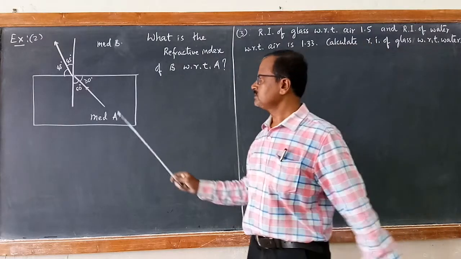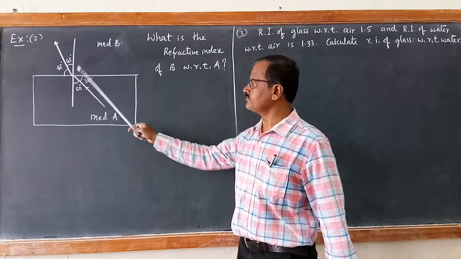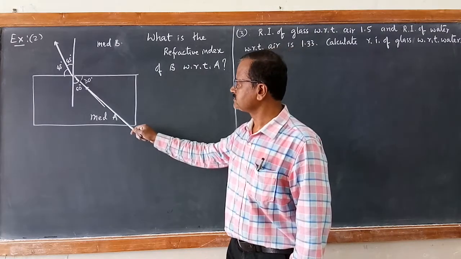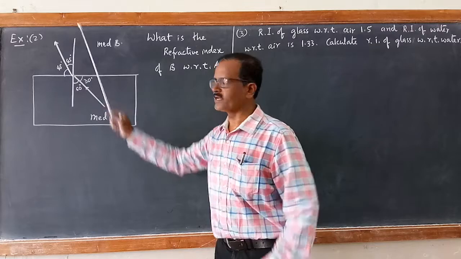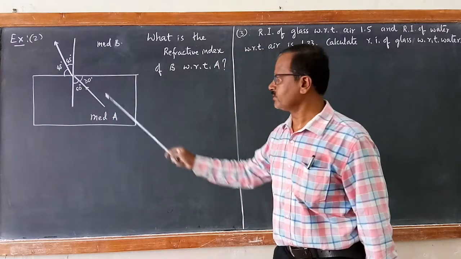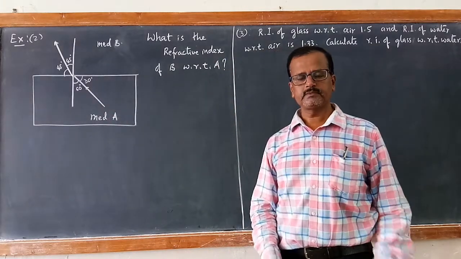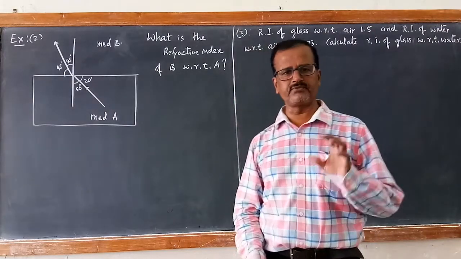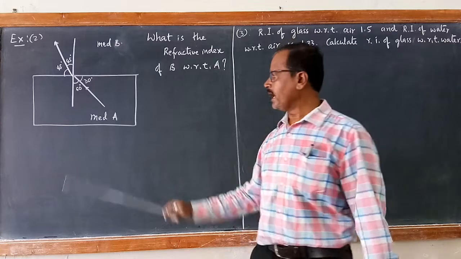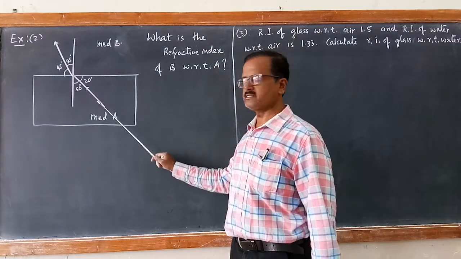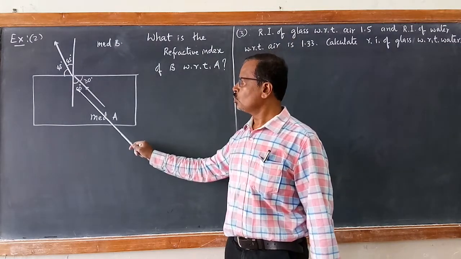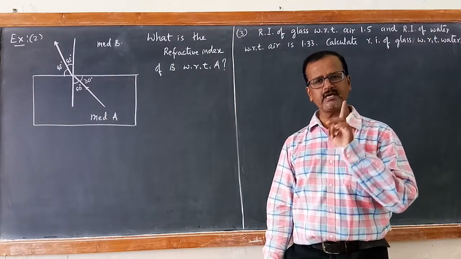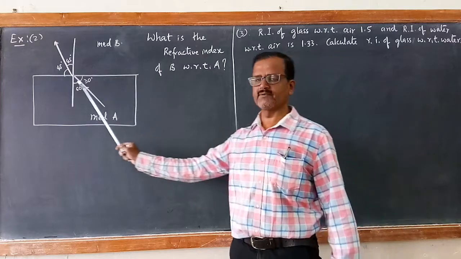In this problem, the angle of incidence at the point of interface is given. The angle of incidence and the angle of refraction is given. Can you find out what is the angle of incidence here? Purposely, these two angles are given to confuse you. Remember, angle of incidence is always the angle made by incident ray with the normal, not with the interface.